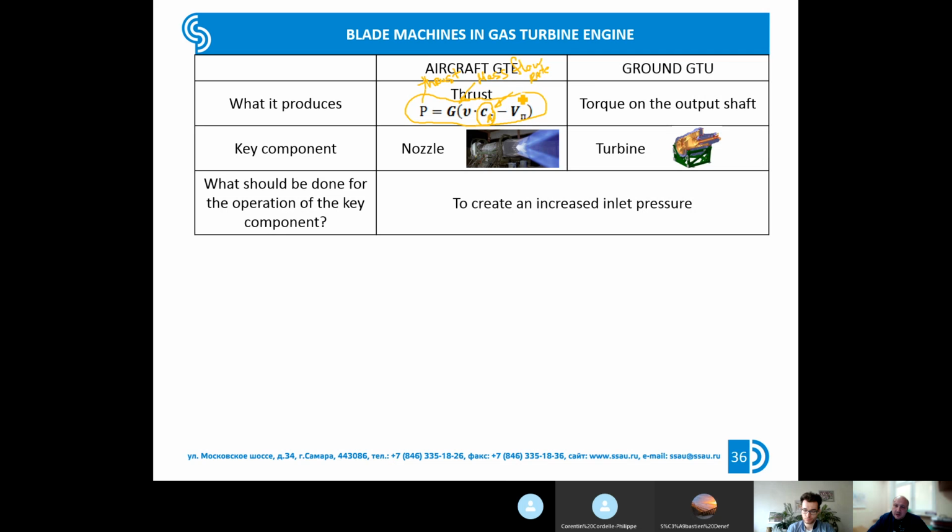This one, velocity at the nozzle. And this is flight velocity. And this is the mass changing coefficient, because you extract some air at the engine and you are supplying fuel.